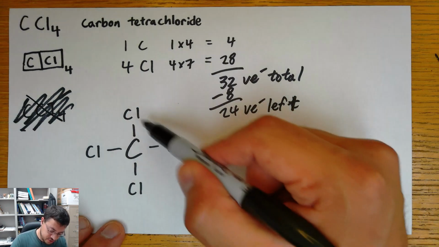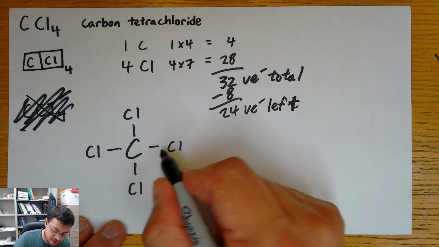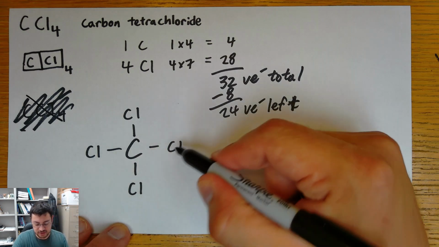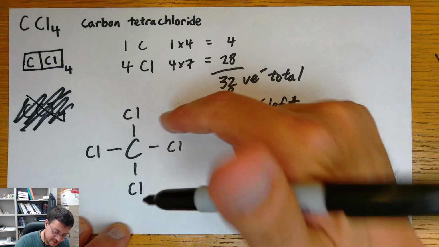All right, so each chlorine has 2 electrons on it so far. See, you have a bond right here. You spent 2 electrons. That means this chlorine needs 6 more. That can be said for every chlorine.